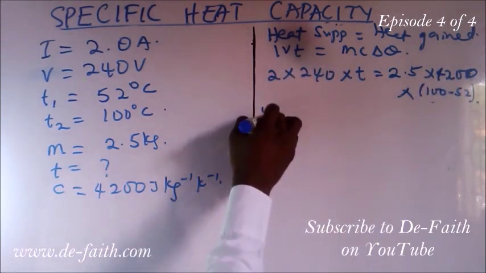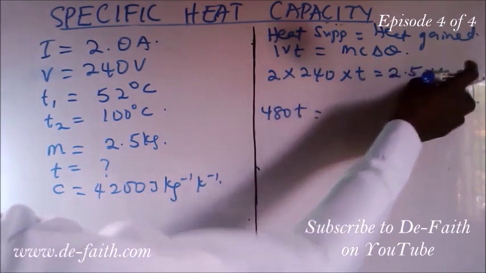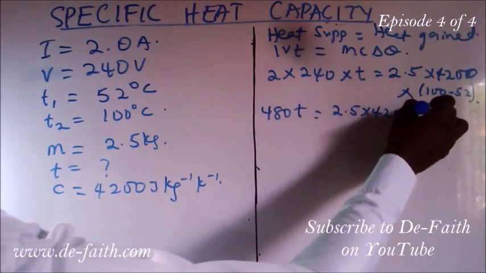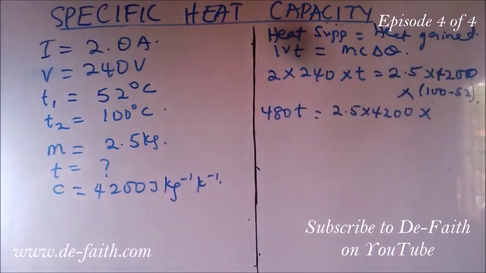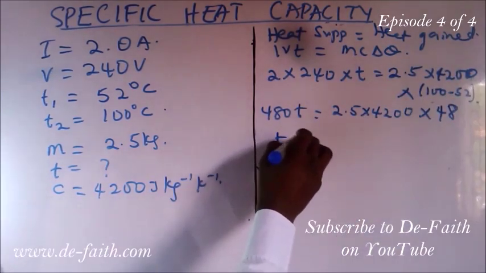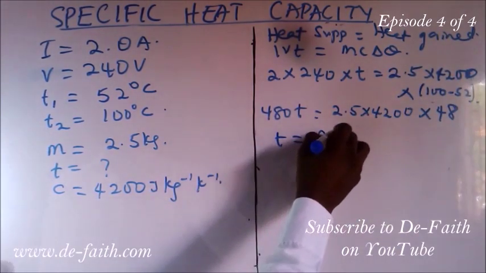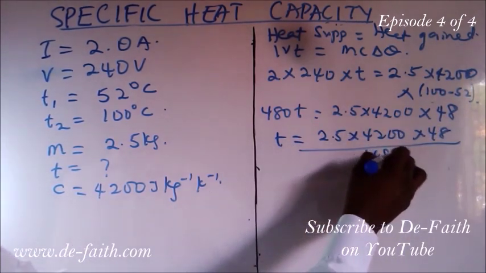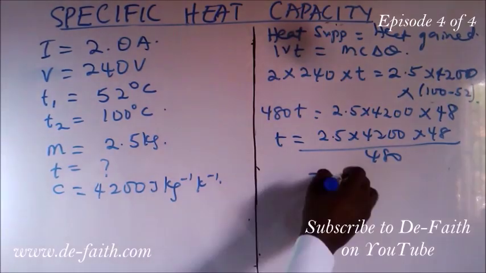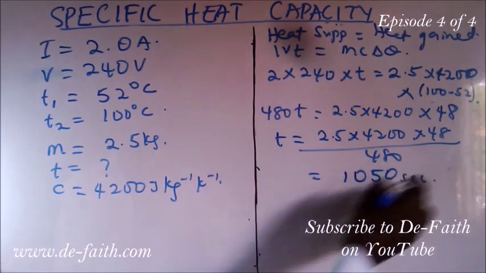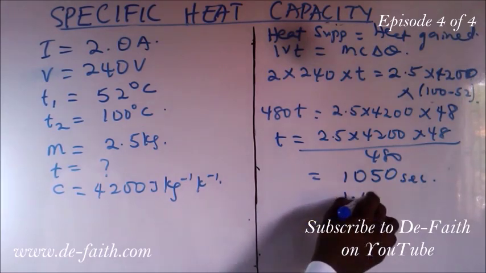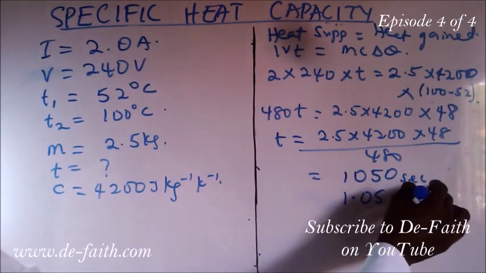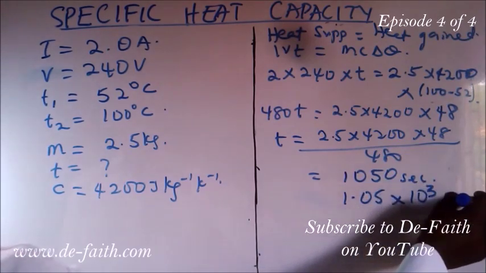So 2 times 240 gives 480 T. Then we have 2.5 times 4200 times 100 minus 52, which leaves us with 48. We'll make T the subject, and we'll have 2.5 times 4200 times 48 over 480, and that will leave us with 1050 seconds, which could be written as 1.05 times 10 raised to power 3 seconds.